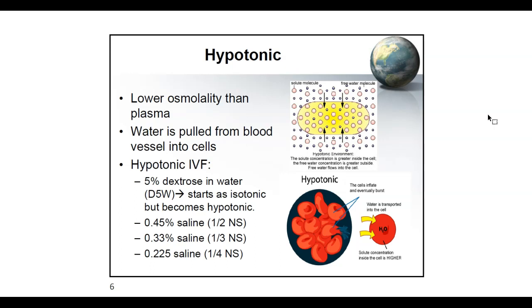So what's going to happen is, if you are giving a solution that has less osmolality or is less concentrated, and inside of the cell it has more solute, it's more concentrated, the tendency is water is going to be pulled to wherever there's more concentration. And so fluid is going to go inside the cell.